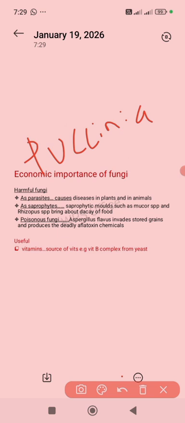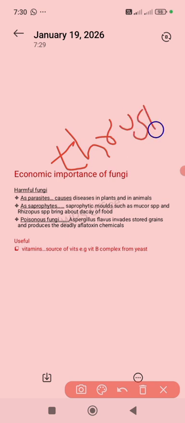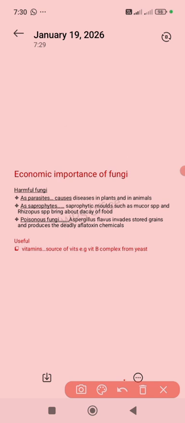Another disease is thrush. Thrush is a fungal disease that affects humans and is caused by the fungus Candida.